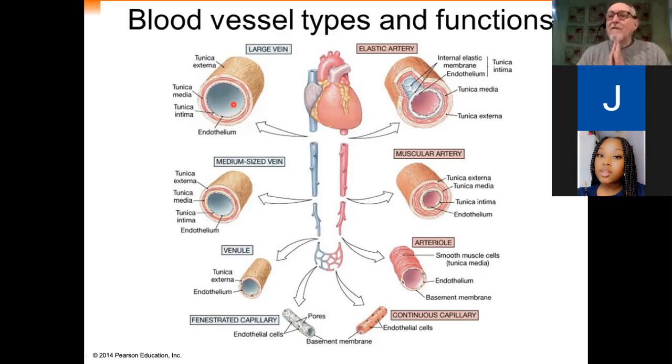As far as the blood is concerned, it is extremely smooth, so that blood does not stick to it. The blood skims over the top of it as it's moving. We'll find out in a moment why that is so important. As soon as we stop blood, it starts to clot.